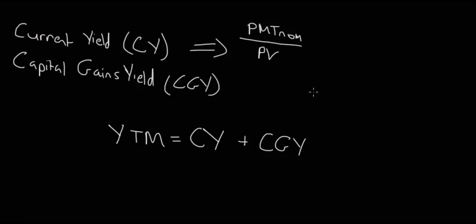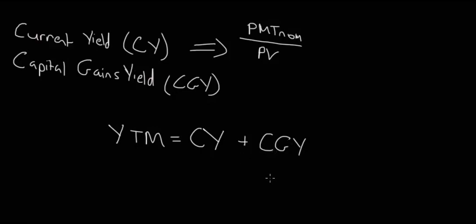A brokerage house will report on bonds. They often refer to the current yield, and unlike the yield to maturity, the current yield doesn't represent the total return. The yield to maturity represents the total return, including the capital gains yield.